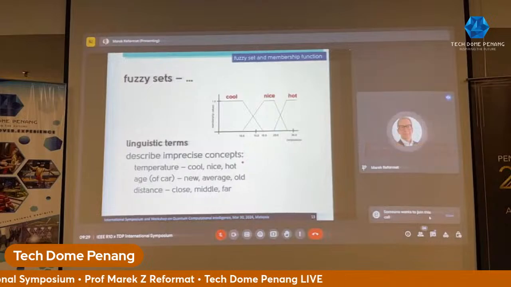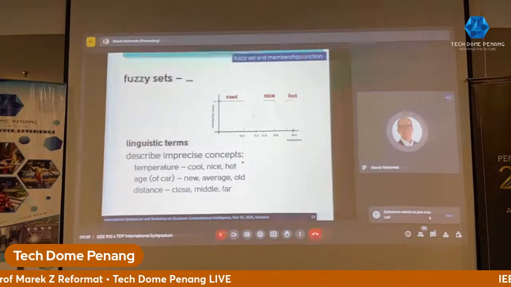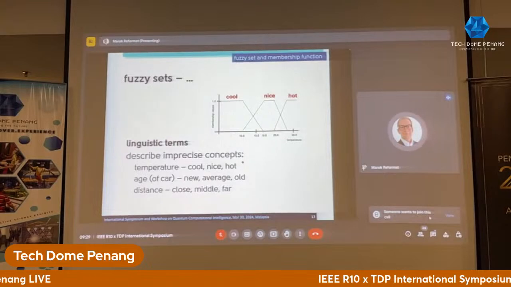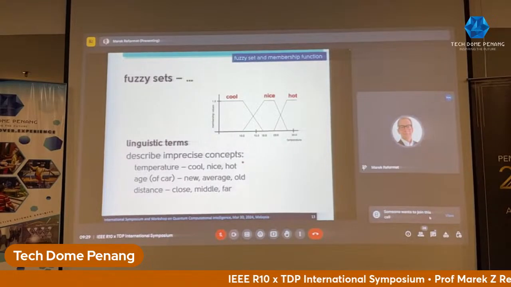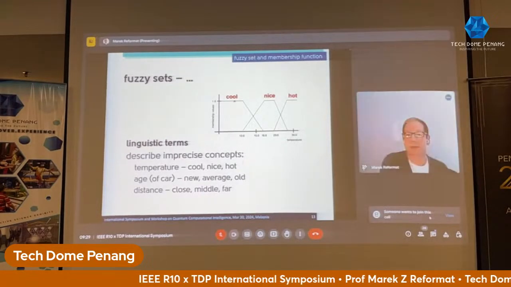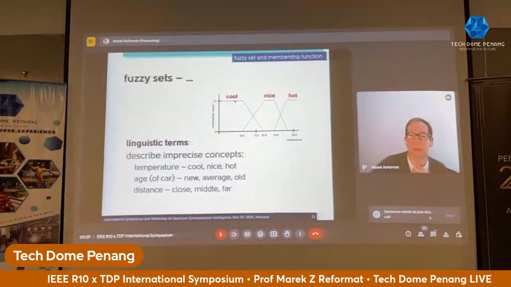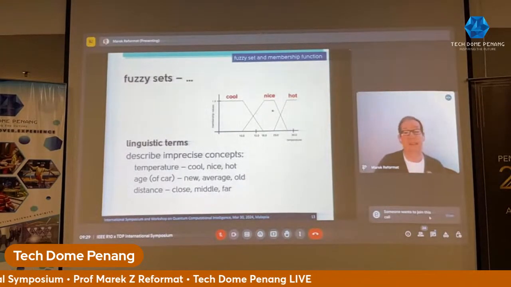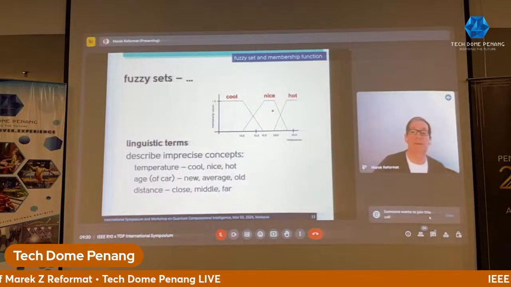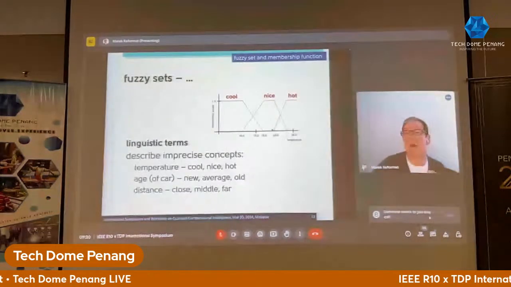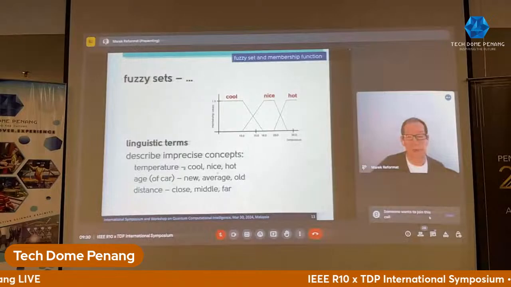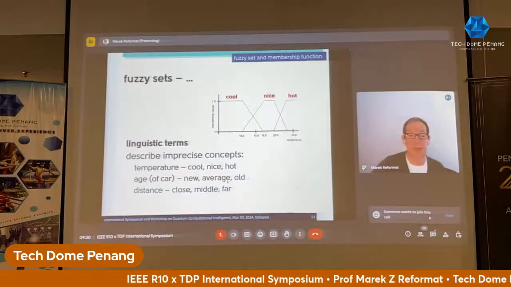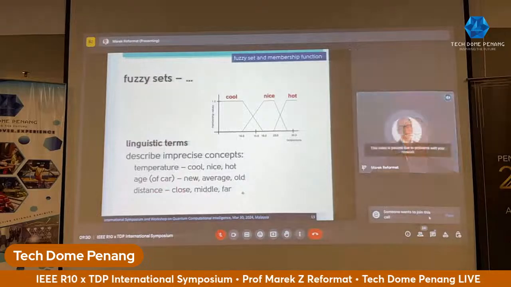We have already seen the three fuzzy sets, cool, nice, and hot, describing our perception of what it means to be cool, nice, or hot, and we can adjust it to our own needs and perception. It could be about a car, for example, the age of the car, new or old, or the distance, near or far.